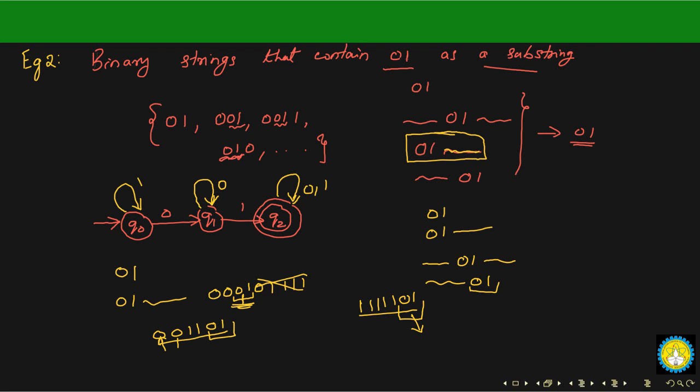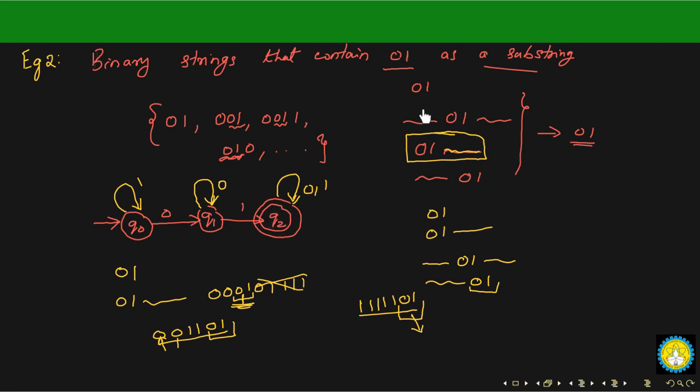What will happen here? You can see that there are 5 ones. As long as you are getting ones from Q0, you are going to stay there itself. So you will loop here 5 times. Then you're getting a 0 followed by a 1. So now you'll be in the final state.